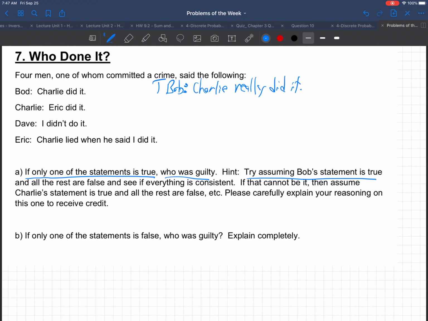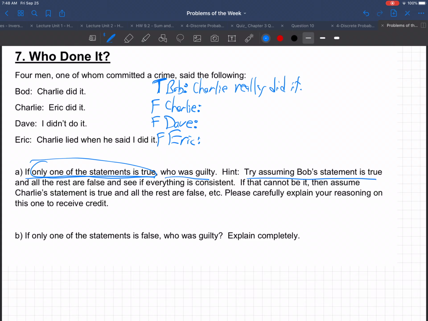Now notice it says only one statement is true in part A. In part B, we're going to do the opposite. And so in part A, only one is true. So if Bob is telling the truth, then the other three guys must be lying because they told us only one is true. So maybe Bob is telling the truth and the other three are false.